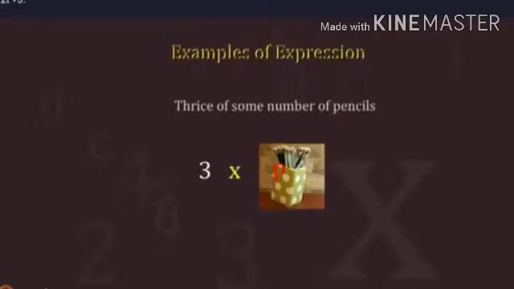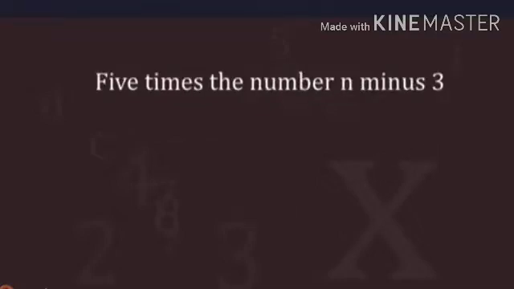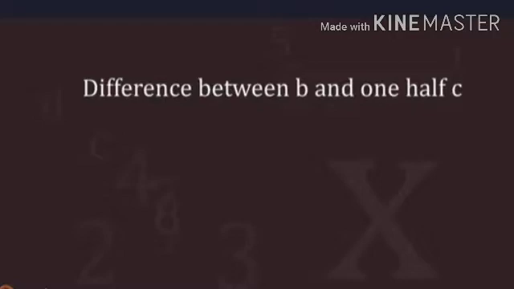Thrice the number of pencils is 3P, where P is some number of pencils. 3 more than twice T is 2T plus 3. 5 times the number n minus 3 is 5n minus 3. The difference between B and 1 half C is B minus 1 by 2 C, or 1 by 2 C minus B.